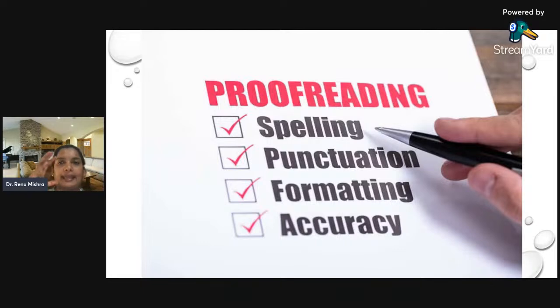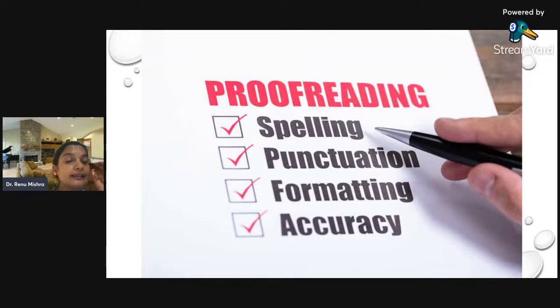Then, is all my work rightly aligned? Is it properly formatted? When I say properly formatted, it definitely includes the font size, the spacing, the line spacing, everything. Wherever we are submitting our work, are the guidelines given by them followed by our work or not?